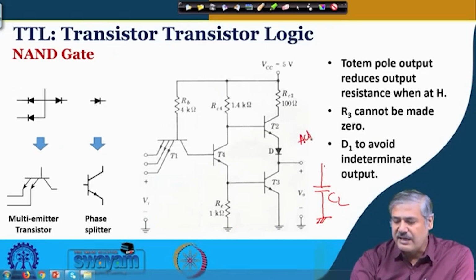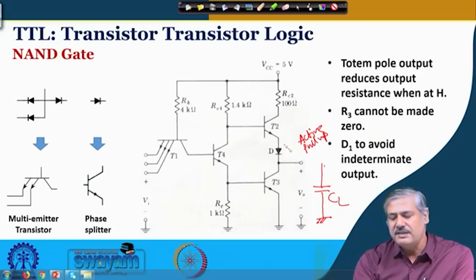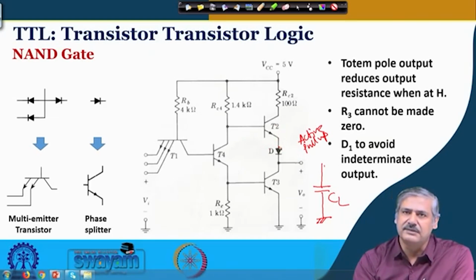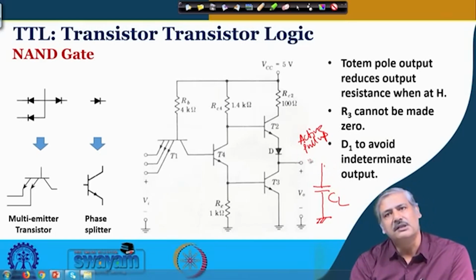It is known as active pull up, which effectively reduces the resistance of the output circuit, output impedance below 100 ohm, which is almost 10 times less than what would have been the case if this was not present. So, that is why the charging time of this capacitor decreases.